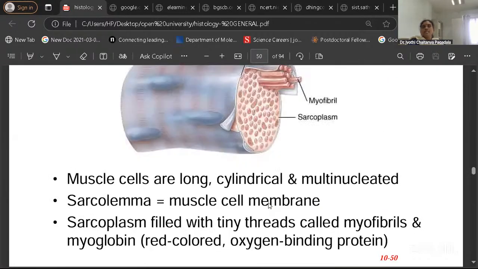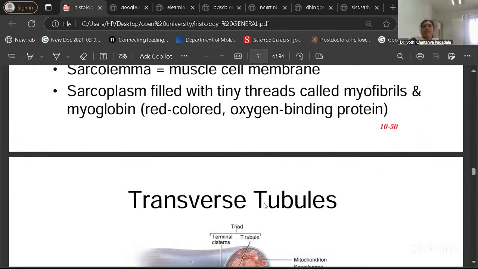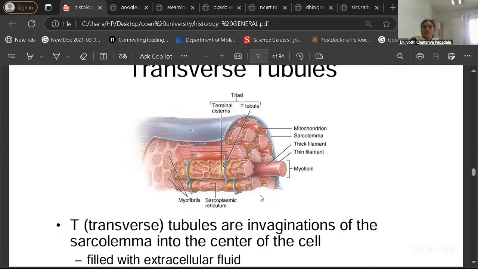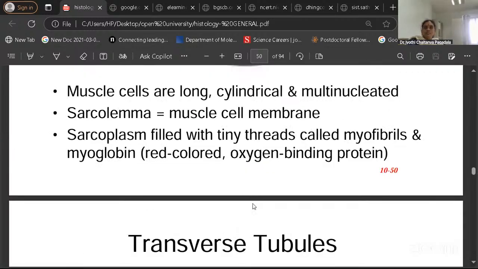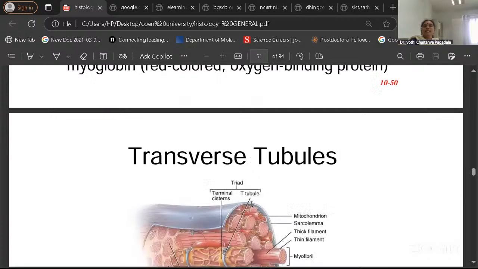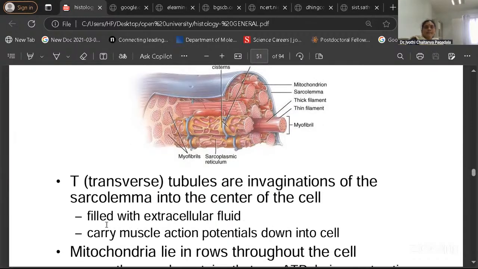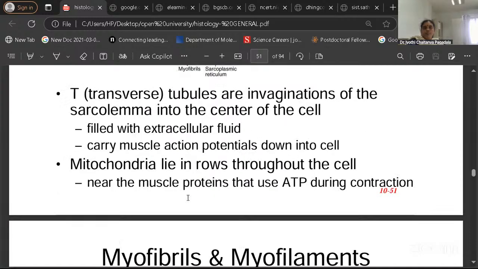As we just discussed, the sarcolemma is the muscle cell membrane. The invaginations present in the muscle cell membrane are called transverse tubules, or T tubules, which are filled with extracellular fluid and carry muscle action potentials down into the cell.